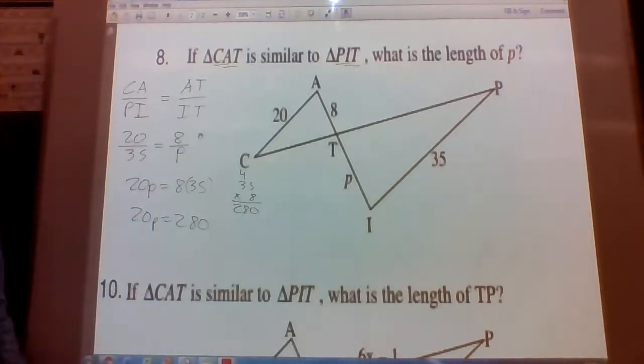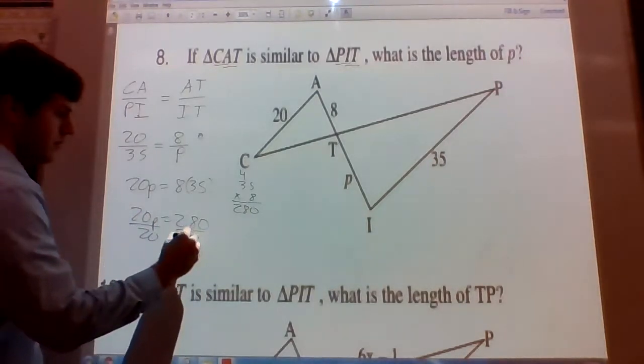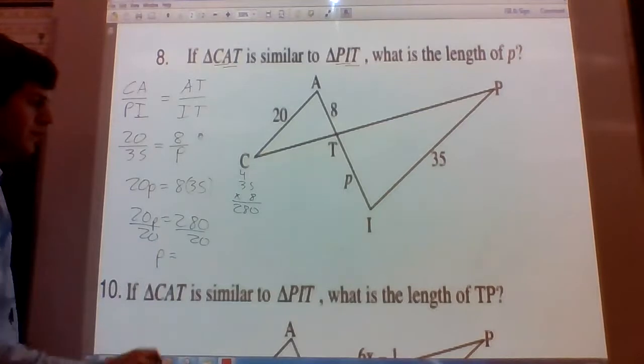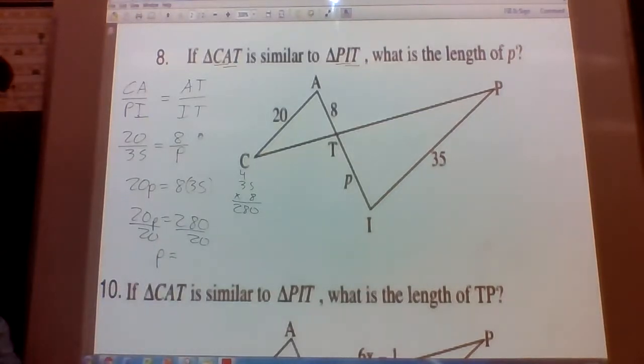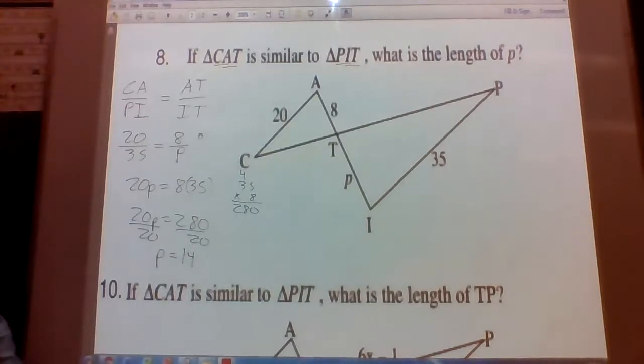Yeah, 280 divided by 20. So P is going to equal 14. 20 goes into 280 14 times. 20 goes into 100 5 times. So 5 plus 5 and then 4 is 14.